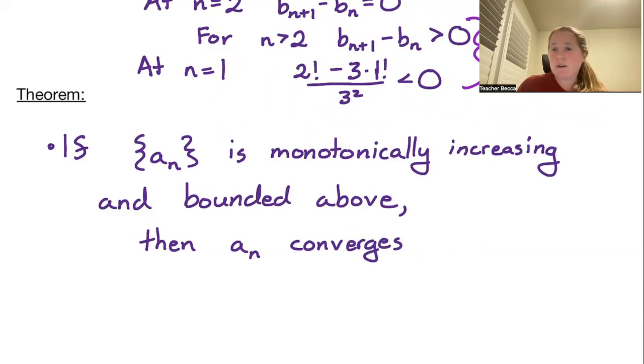So essentially, the function is maybe always going up a little, but it reaches a point it can't go any further past, and it can't go back down, so it has to converge.